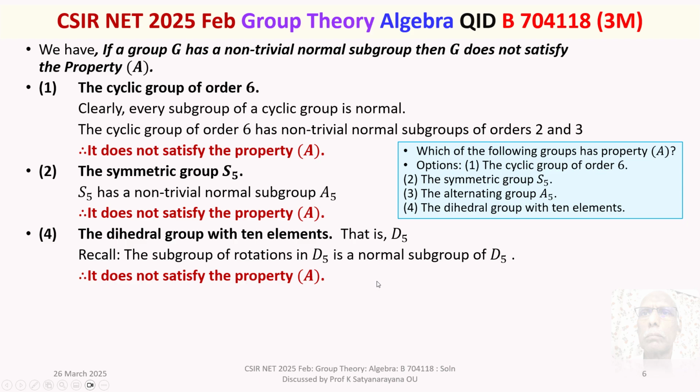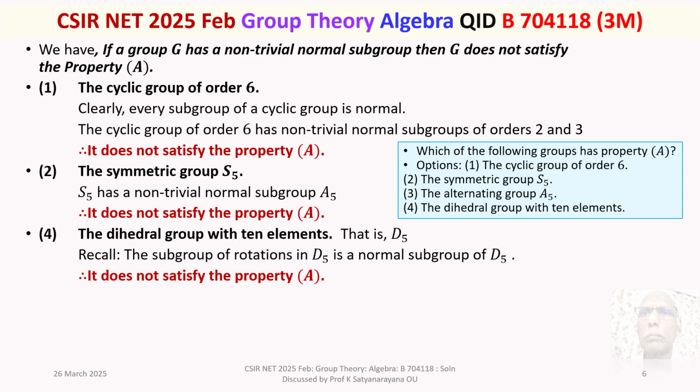Right. So, by elimination, you see, the group that satisfies the property A must be in the option 3. That is the alternating group A5. You can eliminate like that.